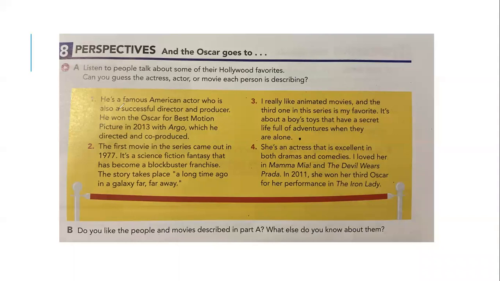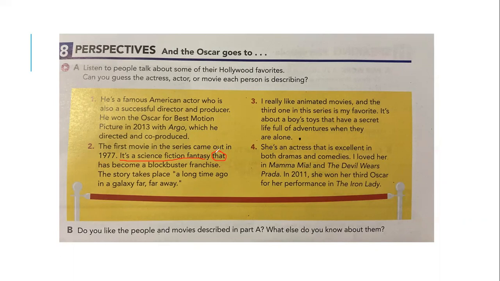Okay, this is the example that we just did on the previous slide. So we're gonna move on to the second one. The first movie in the series came out in 1977. It's a science fiction fantasy. This is the main clause. That, this is the relative pronoun. And finally, the relative clause.